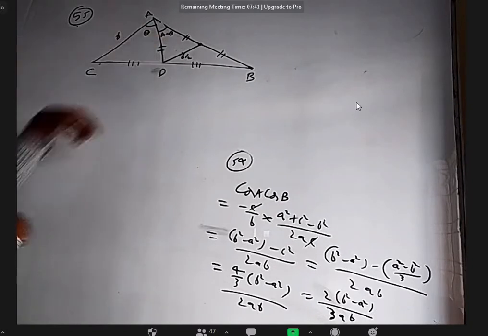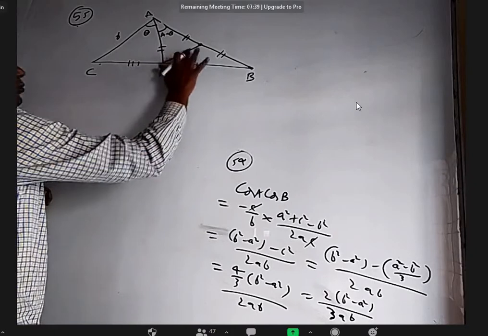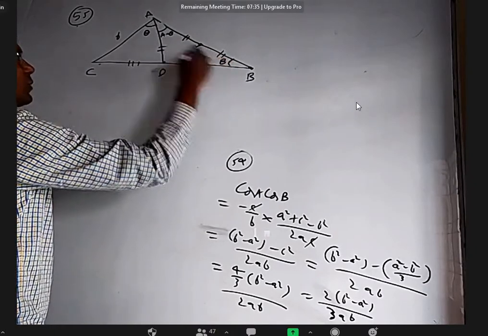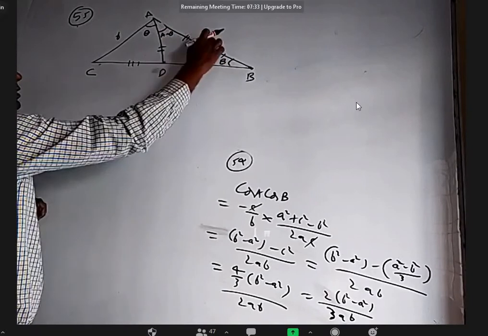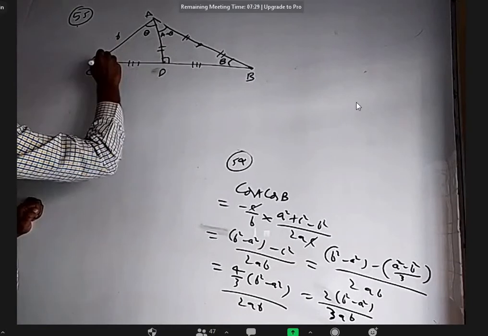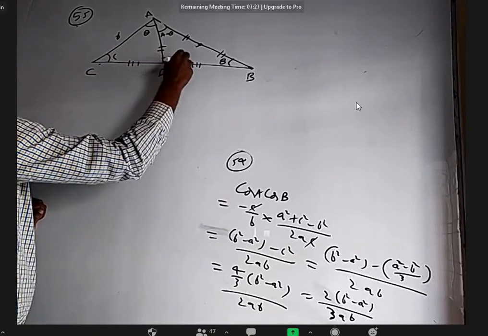I can simply use some kind of rule here. Let me try. Not working out. This angle is B. I can use sine rule here. What is this angle? This is theta, this is C, so this will be C plus theta.